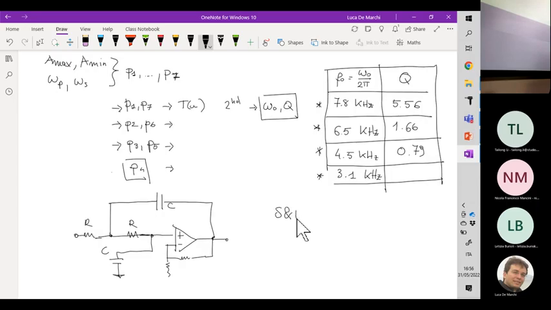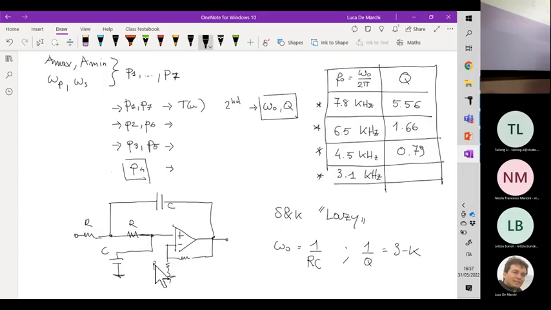When the Sallen-Key is implemented with the so-called lazy strategy, omega null is given by 1 over RC. The two resistors are equal and the two capacitors are equal in this strategy. And the factor Q is controlled by this expression. 1 over Q is 3 minus K. Let's give a name also to these two resistors.